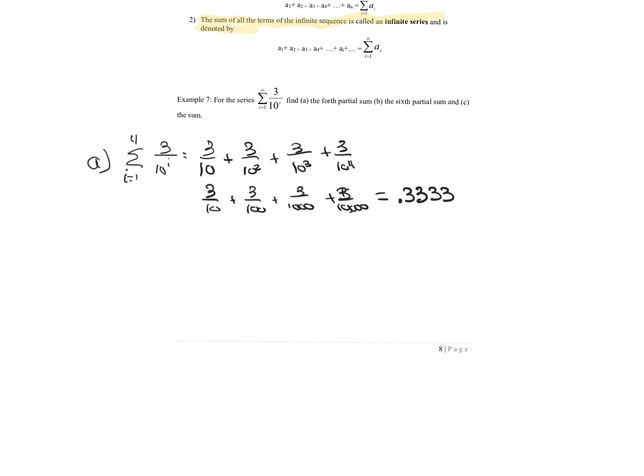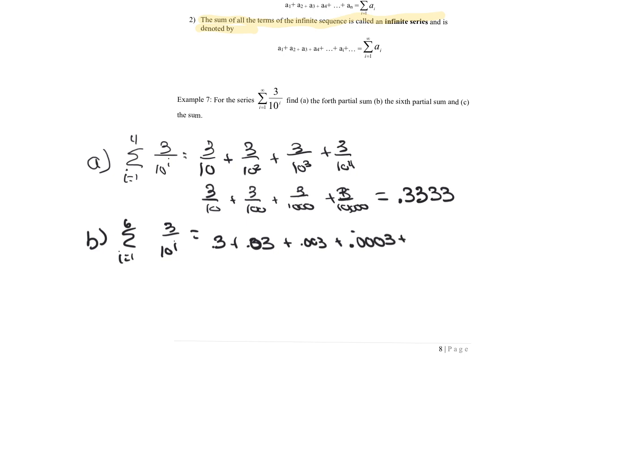If I wanted to find for part B the sixth partial sum, it's going to be the same thing as above, 3 over 10 to the i power. The first one's going to be 3/10, 3/100, 3/1000, 3/10,000.